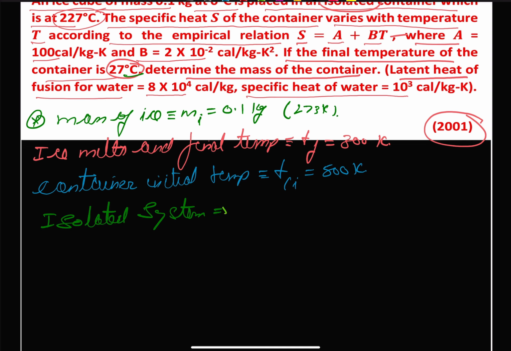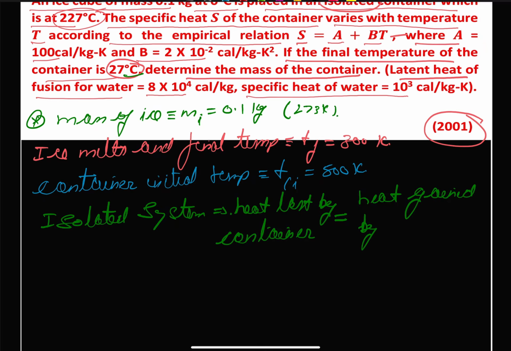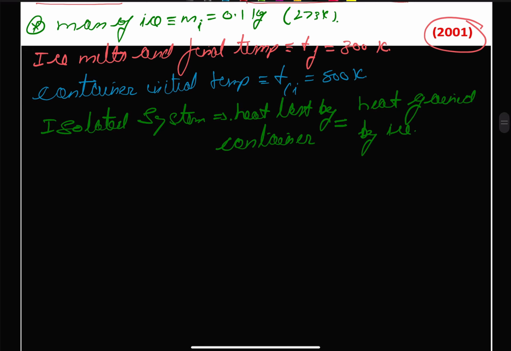So from here we can say heat lost by the container is equal to heat gained by the ice. So let us first of all find out the heat gained by the ice.